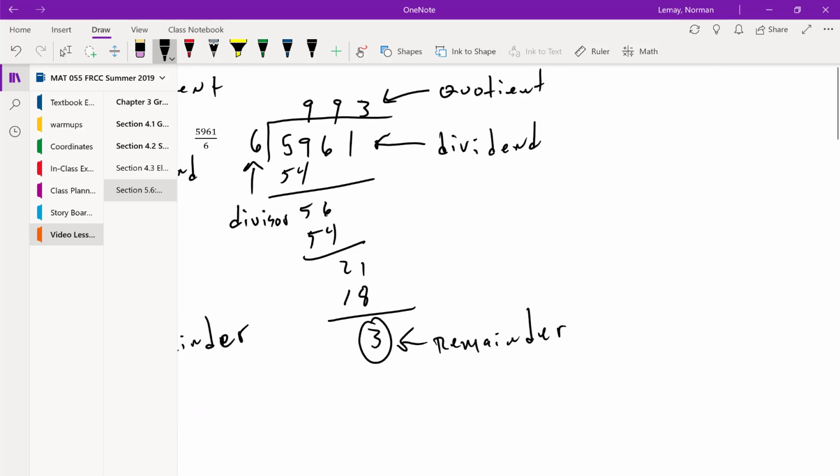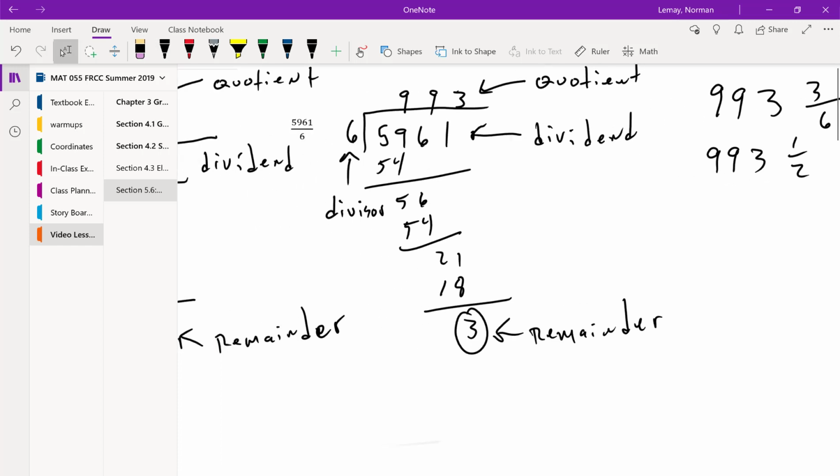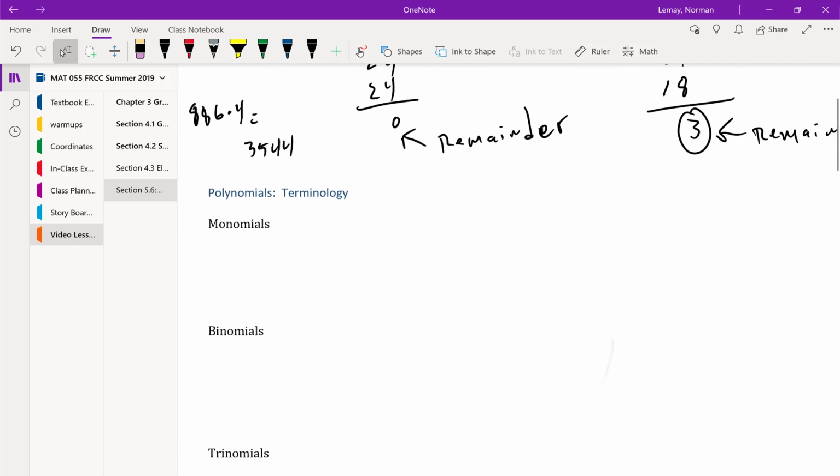So when we write our final answer, we will write it in the form 993 and 3 over 6. And we always reduce our fractions, so this would be 993 and 1/2. So 6 does not divide evenly into 5961. That was just to refresh on how to do long division, because I have a feeling we're going to be seeing that again.